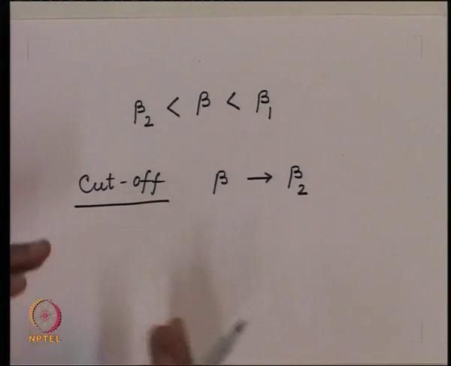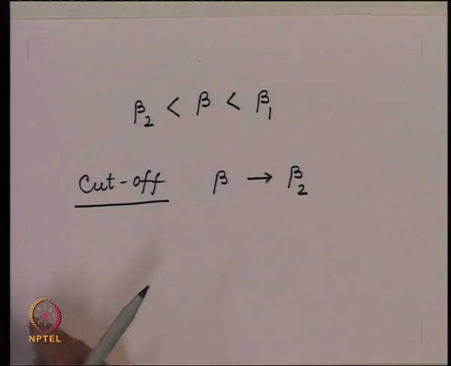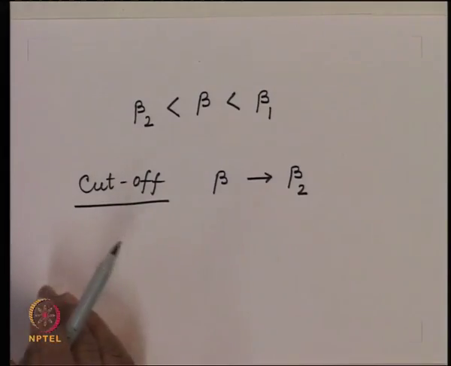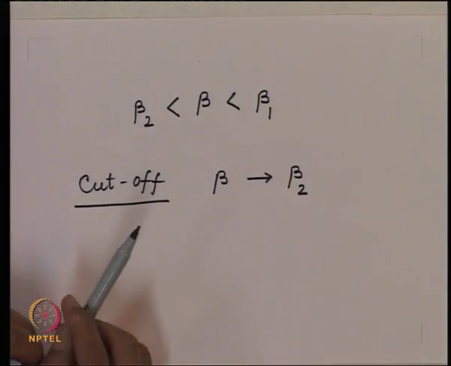What does this physically tell me now? Suppose beta is equal to beta 2. What that means is that whatever energy is propagating inside this medium, it sees basically a refractive index N2. That is the reason it has a propagation constant which is beta 2. Or in other words, it is telling us that most of the energy associated with these fields is lying in a medium having refractive index N2.